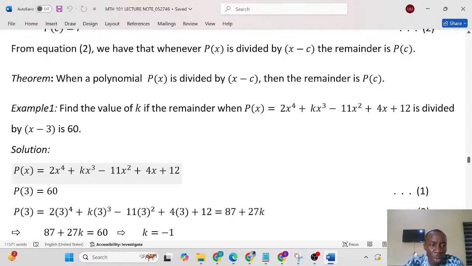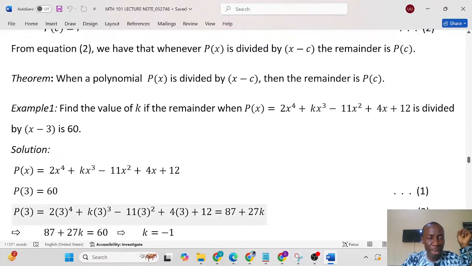p of x equals 2x raised to power 4 plus kx raised to power 3 minus 11x squared plus 4x plus 12. Now, when you substitute the value, p of 3 will be equal to 16 according to the theorem I just explained.